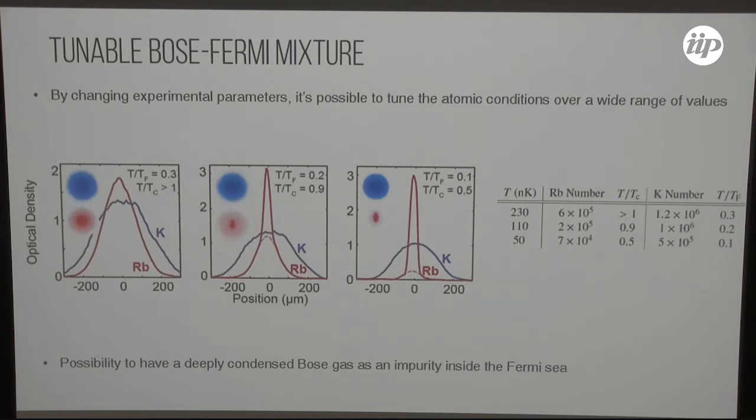But by adjusting the experimental parameters, in particular the trap loading for potassium and the final optical evaporation cut, we can end up with a mixture that is extremely degenerate, with about 500,000 atoms of potassium at a temperature around or below 0.1. Inside this mixture there is also a rubidium BEC that is extremely condensed, so the thermal fraction is pretty small, with an atom number around 70,000. This is probably an interesting mixture also for Bose polaron physics and so on.